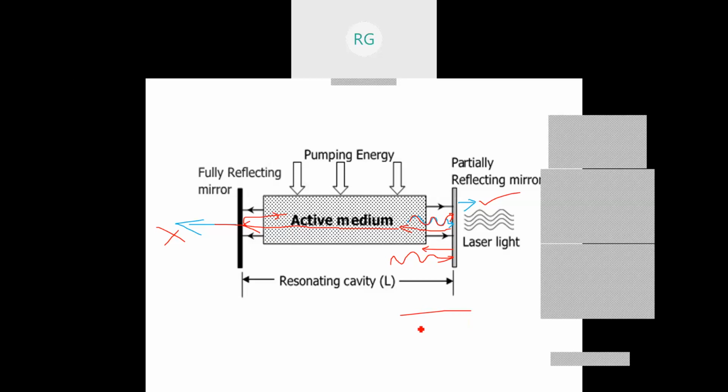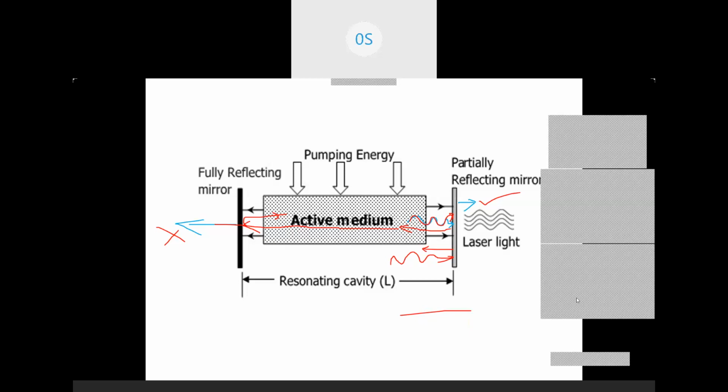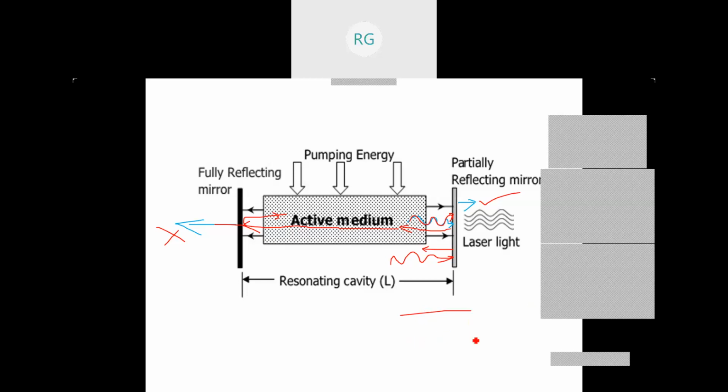Now, I am writing here two energy levels. Suppose one atom is here, another atom is here in the higher energy level E2. Now, by spontaneous emission, this atom has fallen down, which gives you a radiation whose energy h nu is equal to E2 minus E1.